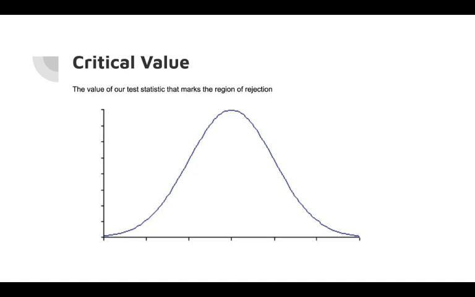So the critical value. Let's recap to where we are. Here's the distribution I've built. This is my sampling distribution of means. I have set the average of this, so this is a theoretical thing that we're building.